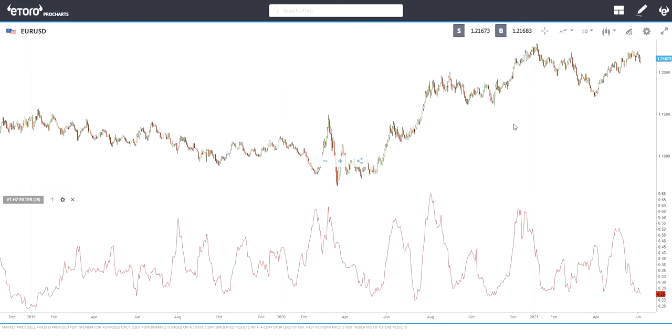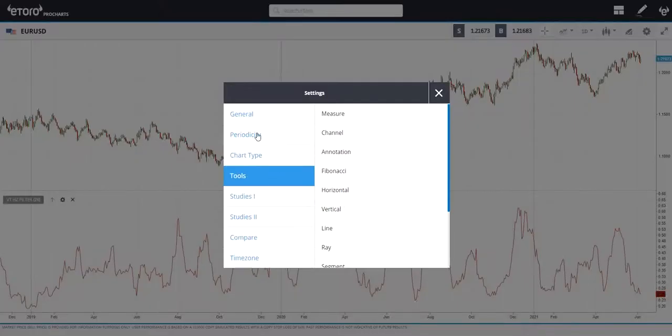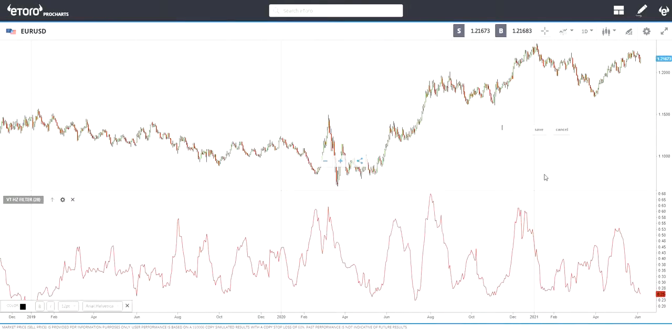So let me just add the annotation here. So we have one. When rising means that we are in a trend. Okay. Two, when falling, what that means?